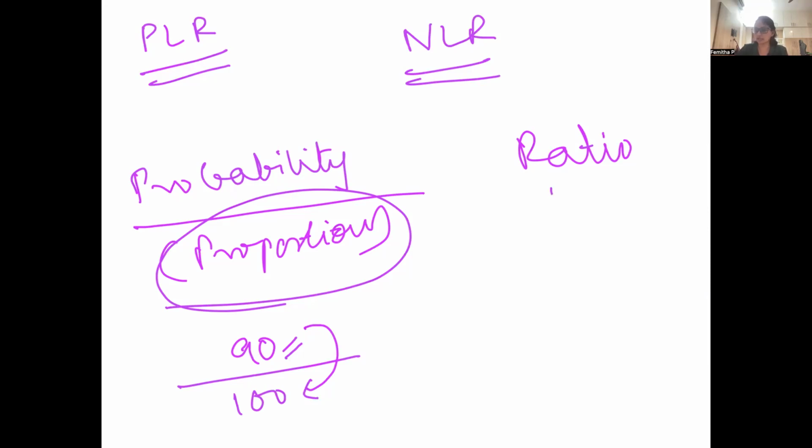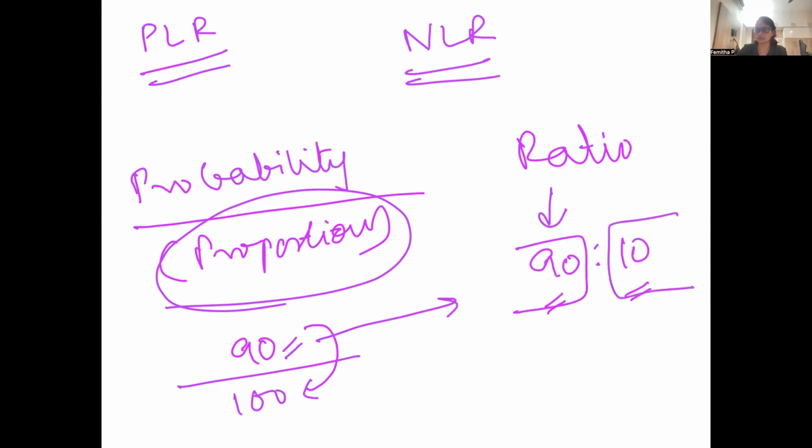But in a ratio, the numerator is mutually exclusive from the denominator, just like odds ratio or risk ratio. The numerator is not contained inside the denominator. If I were to say the same thing as a ratio, I'll say it is 90:10, because something is positive 90 times and negative 10 times. So the numerator is different, the denominator is different.